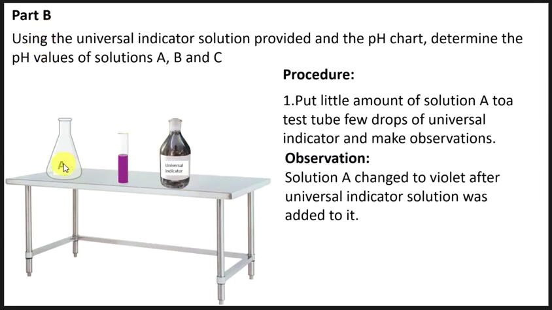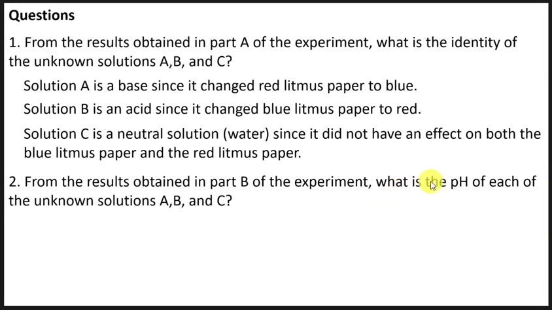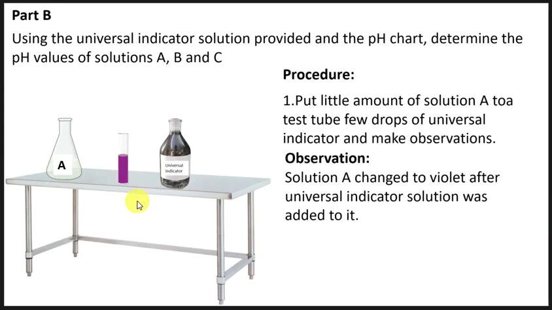So for A, when we added universal indicator, we saw a color change. Solution A changed to violet after universal indicator solution was added to it. Now, this question is asking us to state the pH. So what do we use to find pH?